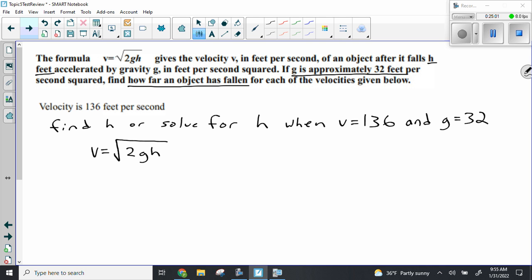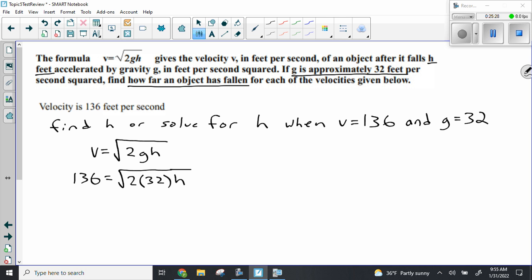We've said that v is 136, we know that g is 32, but we don't know h. So our task now that we've substituted those values in is to solve for h.